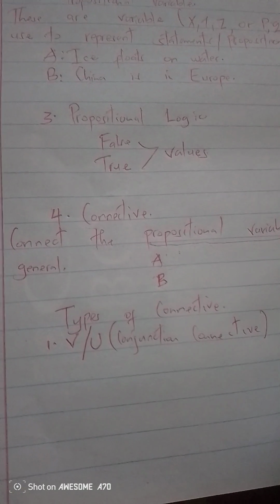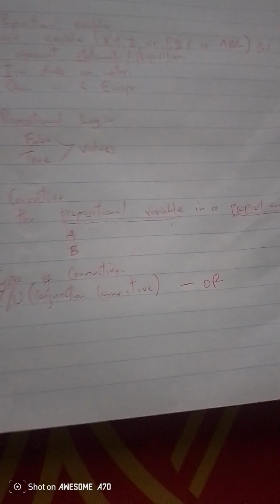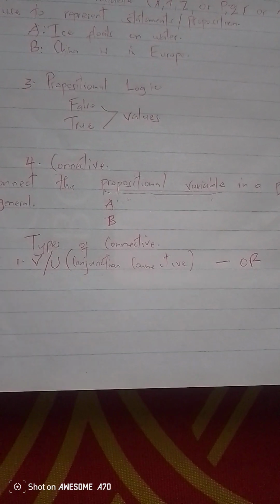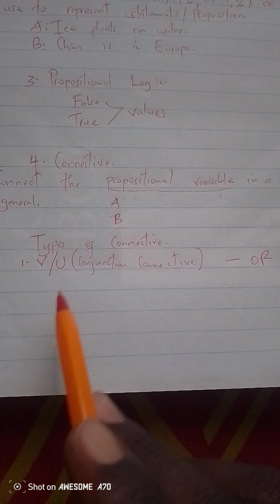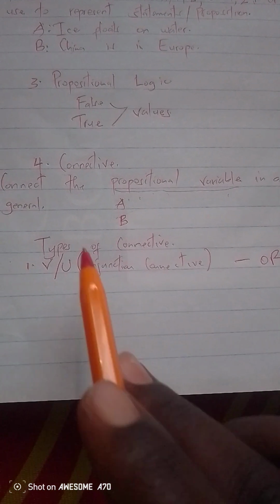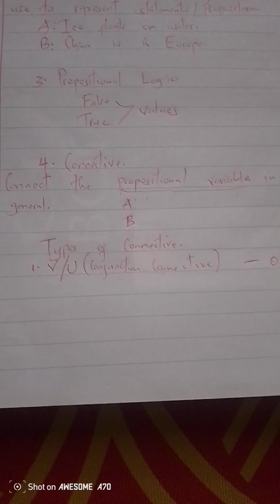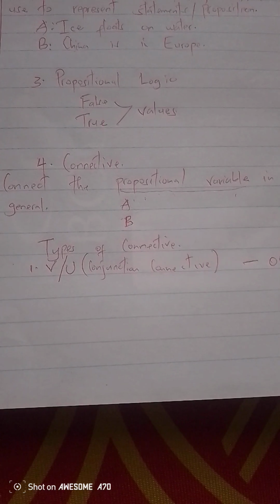Conjunction connective means or. I hope that is clear. The first one, we have this one with the symbol V or U. It means or, and it is called conjunction connective.